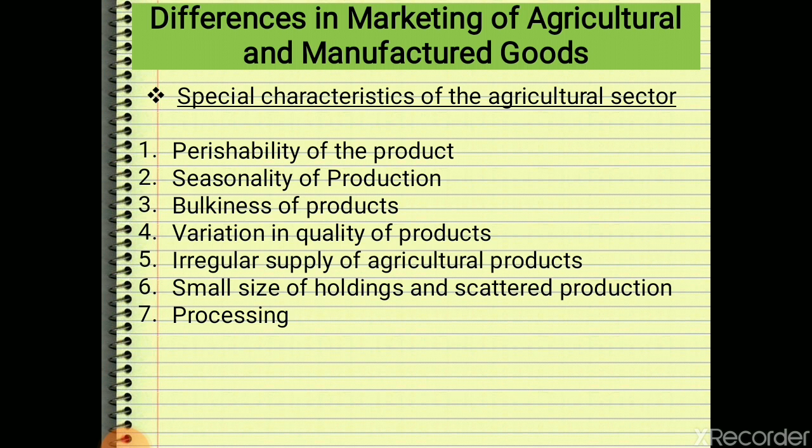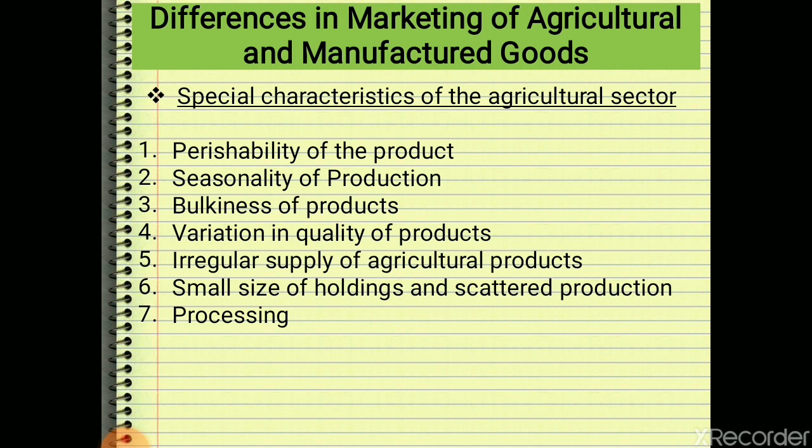Then bulkiness of the product. Agriculture products are very bulky in nature, so transportation is difficult, and it is an issue in agriculture marketing. Then there is a huge variation in the quality of products. Whatever is produced in the agriculture sector has different kinds of quality. That's why grading and sorting is important, that we should grade or sort the produce as per quality.